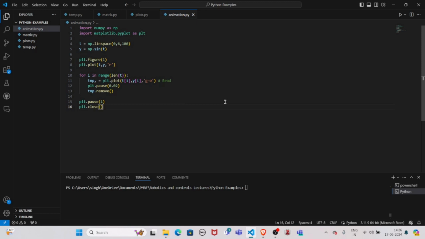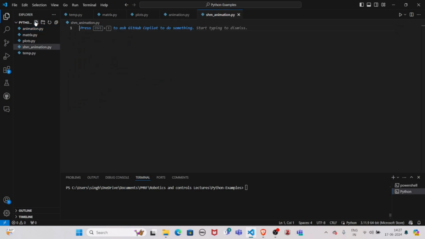So we are back to the Visual Studio Code. Let's make a new file. We call it shm animation.py. So shm means simple harmonic motion. So let's start coding in this.